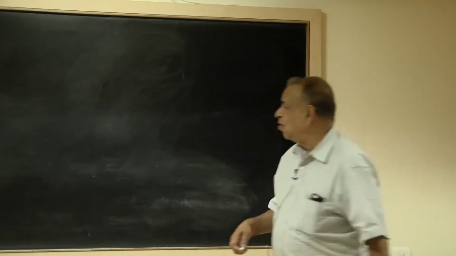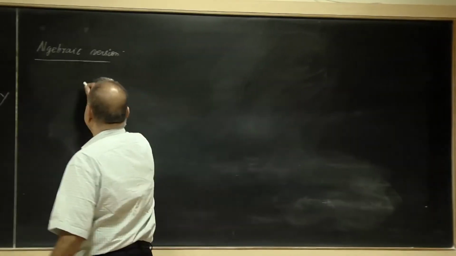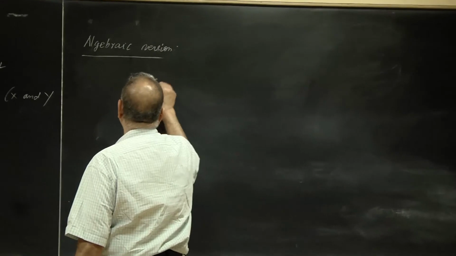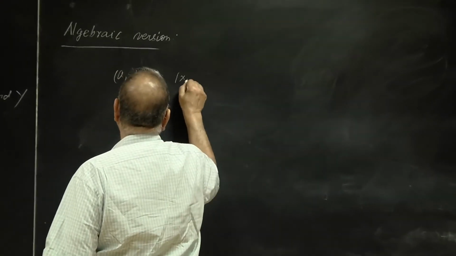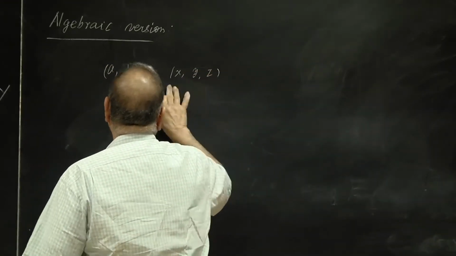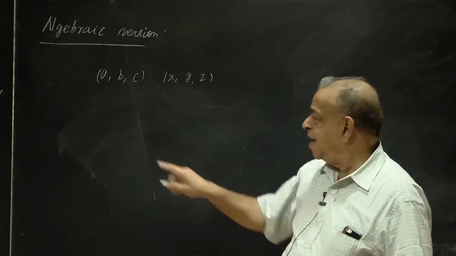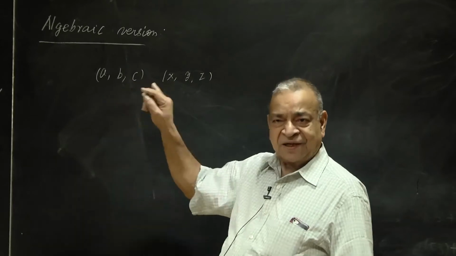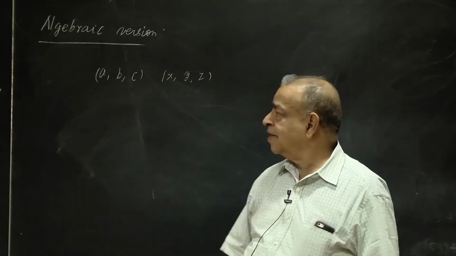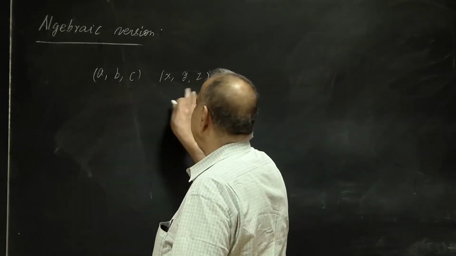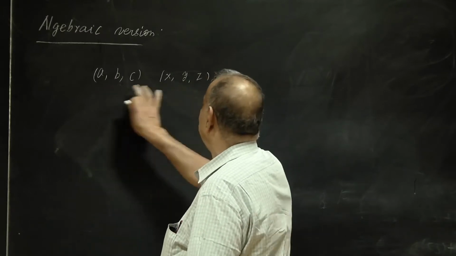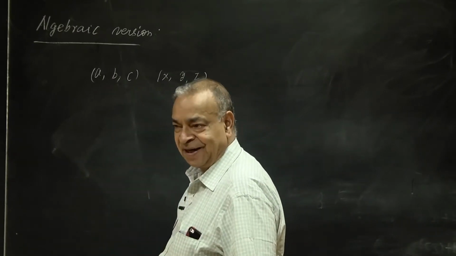So it is simply the inner product between (a, b, c) and (x, y, z). (x, y, z) is any generic point in three dimensions. (a, b, c) is a fixed vector, and then if you take the dot product, ax plus by plus cz is the dot product, agreed?